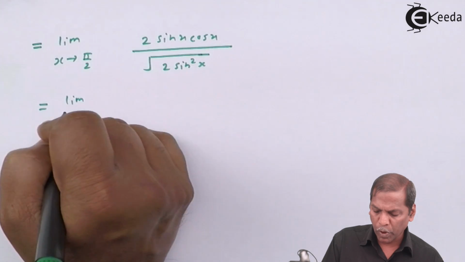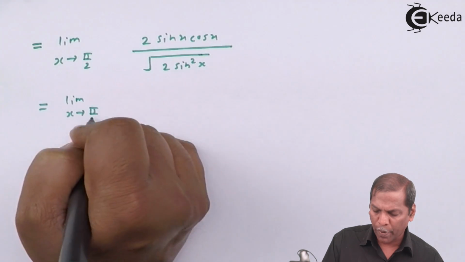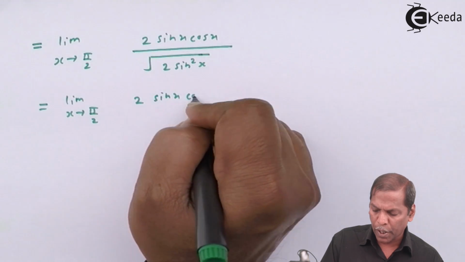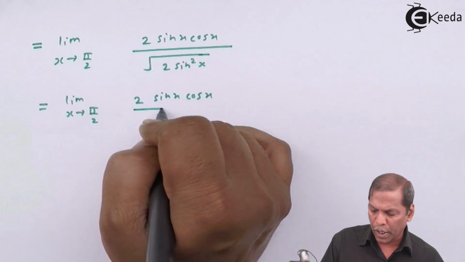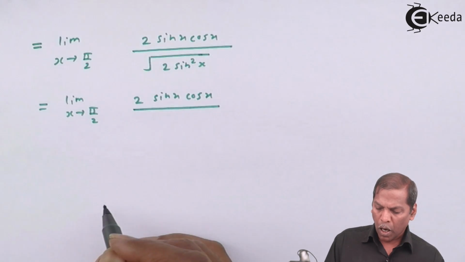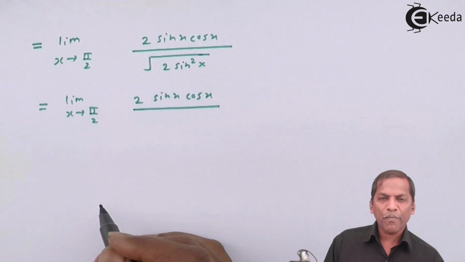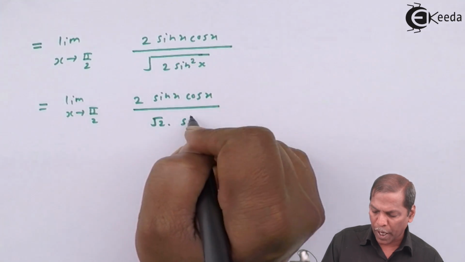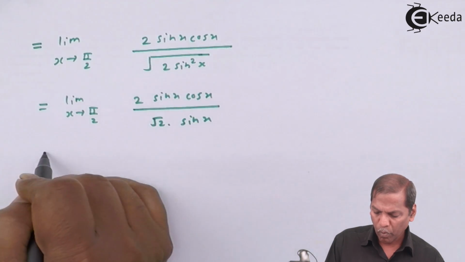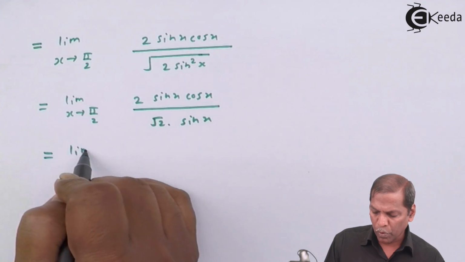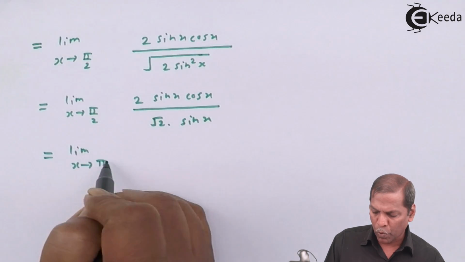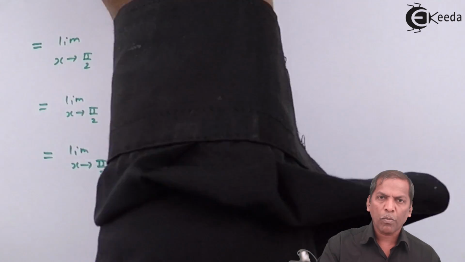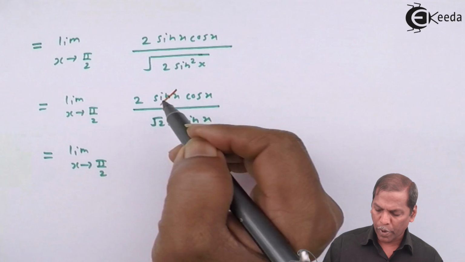that is equal to limit x tends to pi by 2, we write 2 sin x into cos x as it is in the numerator, and in the denominator on simplifying we get root 2 into sin x. That is equal to limit x tends to pi by 2. Here we cancel sin x from numerator and denominator.